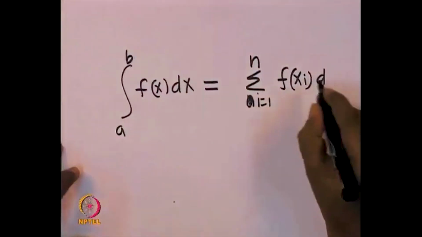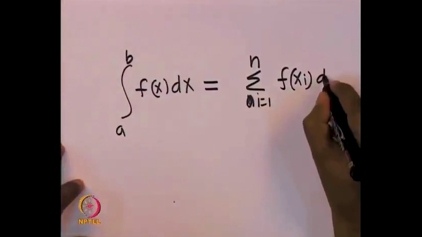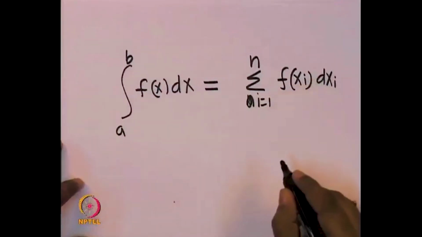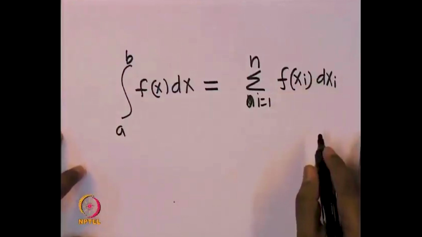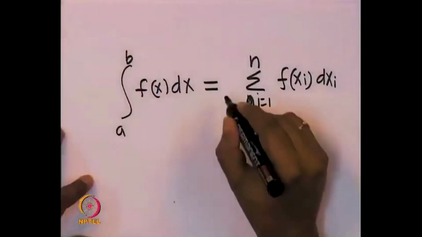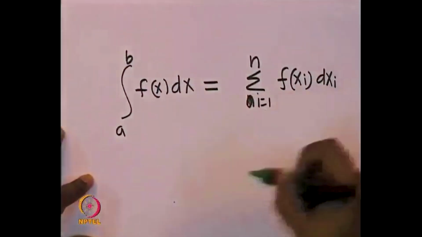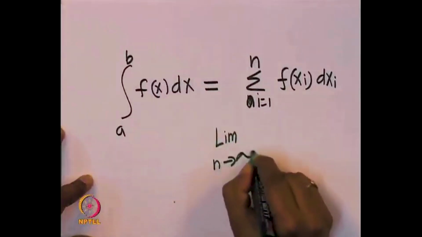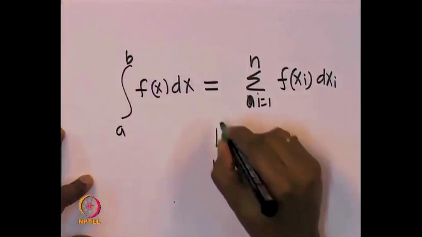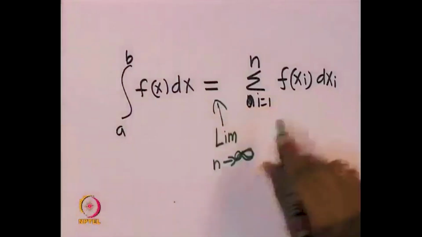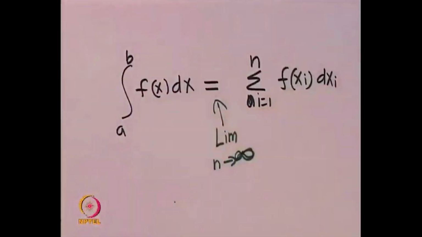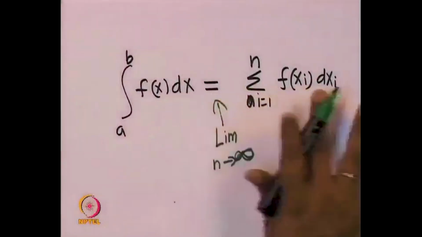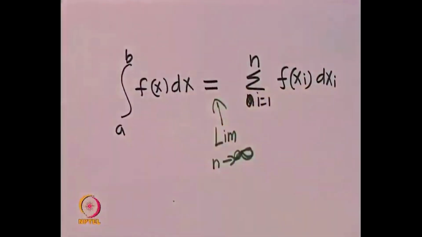If you take all equal intervals, you will have n such intervals. So if you do this in the limit n going to infinity, this will be equal. When n is very large, this sum will be equal to this integral.